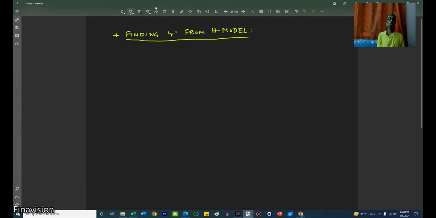Now, we will try to find the required rate of return from the H model. For doing this, we again assume that the price reflects the correct value.